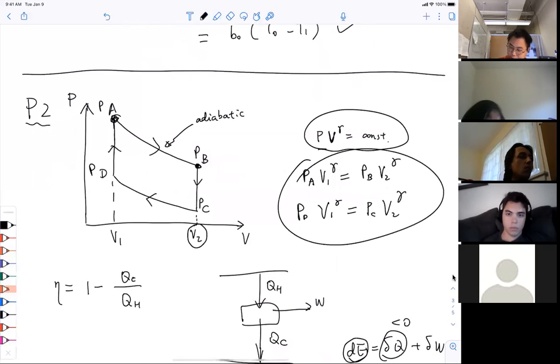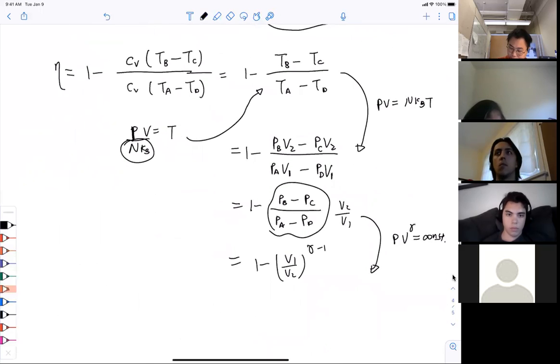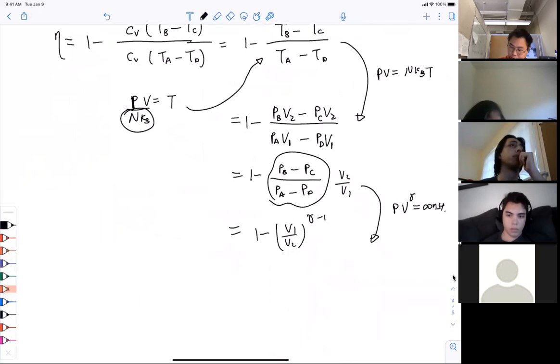Plug this relation in, and you will find the pressures cancel out, and we only have the V1, V2 dependence. That's how we solve this problem. Any question about problem 2?